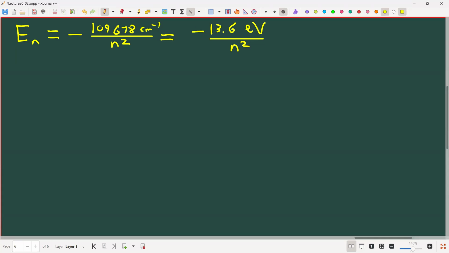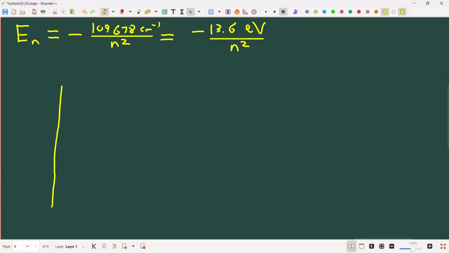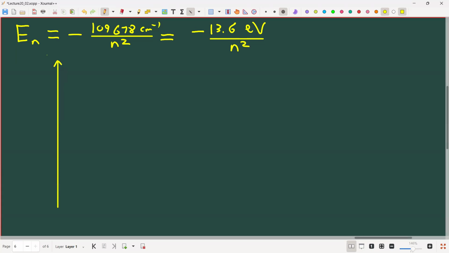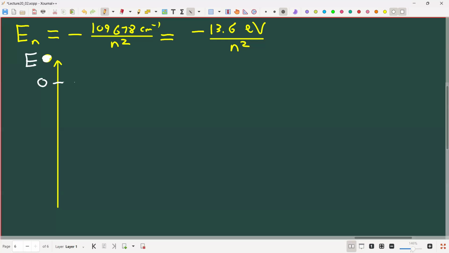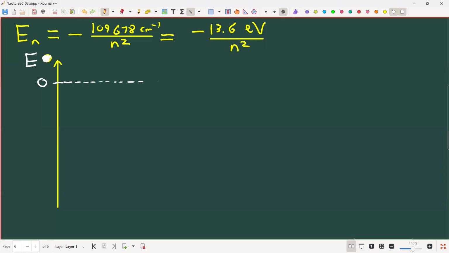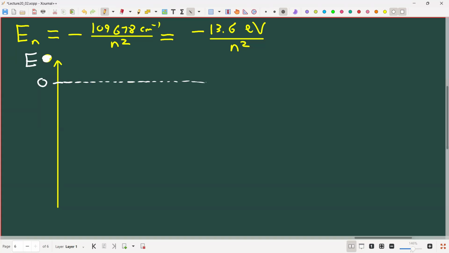So what does this spectrum look like? Well, there's going to be some energy E equals 0. Right, this needs to be energy up here, sorry. All right, so we have some energy E equals 0. Okay, and let's go ahead and plot in our levels.